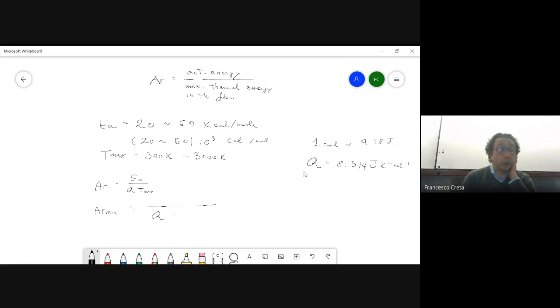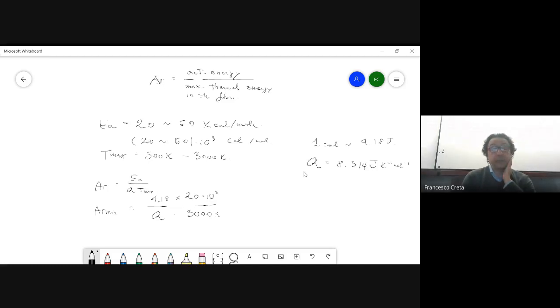At the denominator, we will plug in clearly the maximum possible temperature that we have envisaged for the system, so 3,000, and on top, we plug in, with the conversion, clearly the minimum activation energy, 20 times 10 to the 3 calories per mole, and then times the conversion.